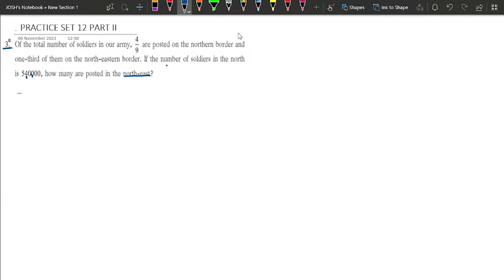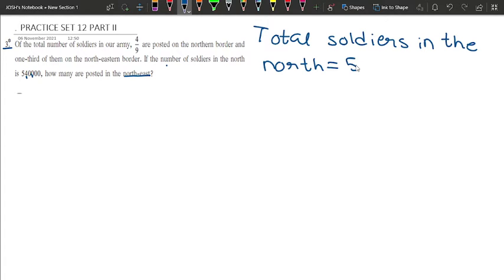So, from this, what we can infer is there are total soldiers in the north, 5,40,000, right?